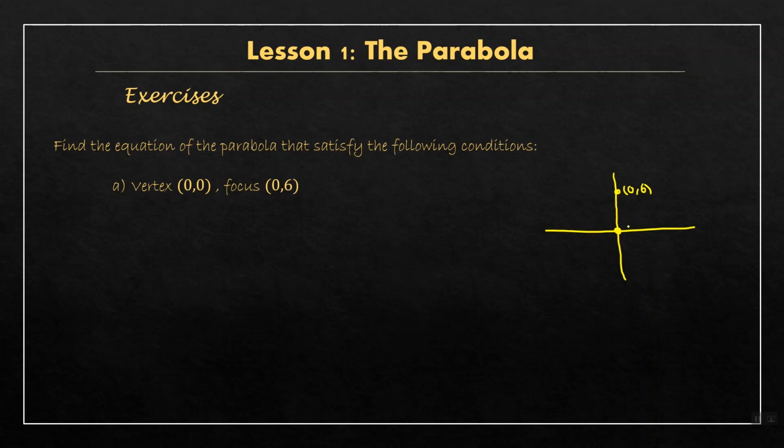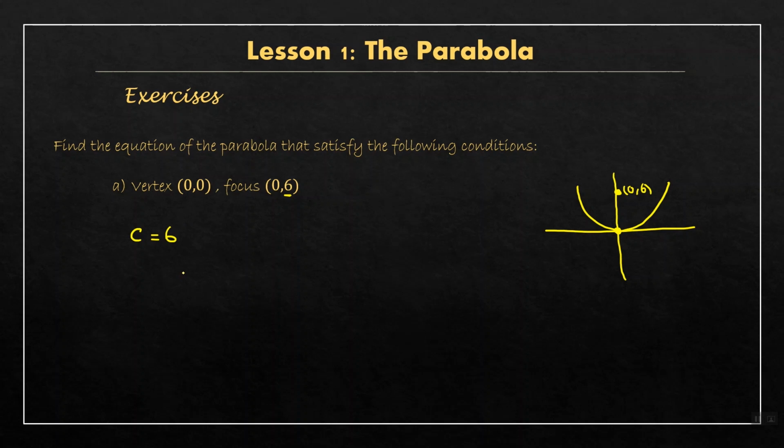How does the parabola look? The parabola looks like this. It's going to be enclosing the focus, right? They want us to find the equation of the parabola. Well, it's easy this time. How? This here is going to be c, so c is equal to 6.